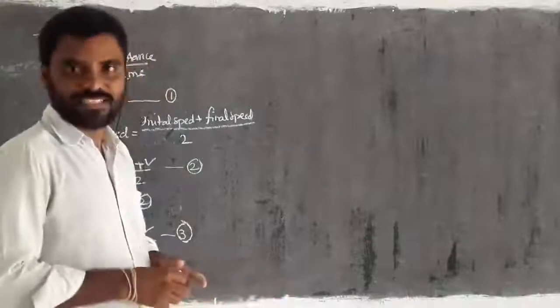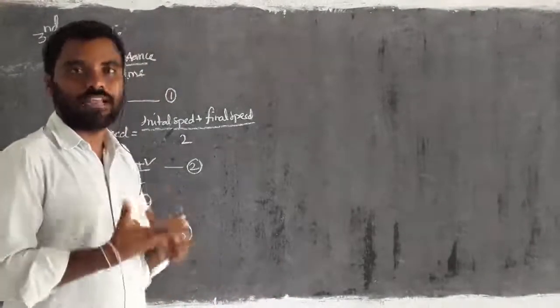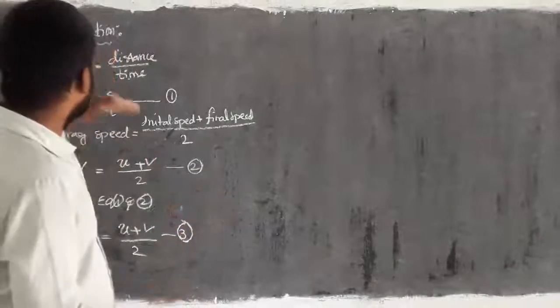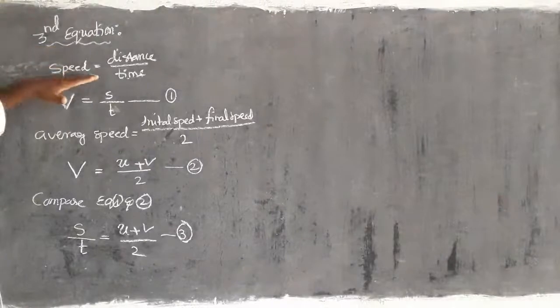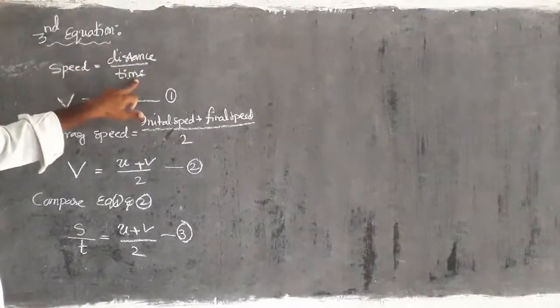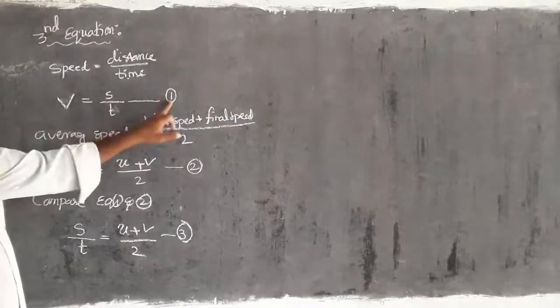Now we have to discuss the third motion equation or third kinematics equation. Further, like the second kinematics equation, first speed is equal to distance by time, right? That you have to represent with their respective symbols. Then consider it as equation number 1.